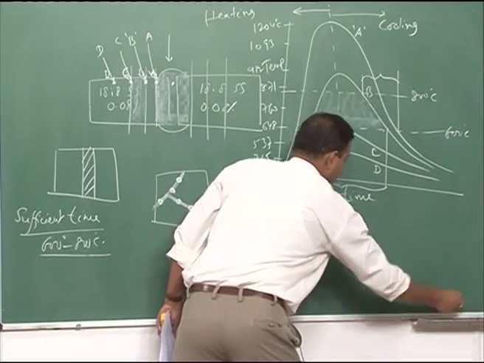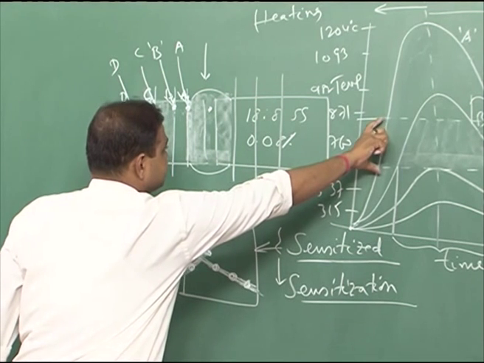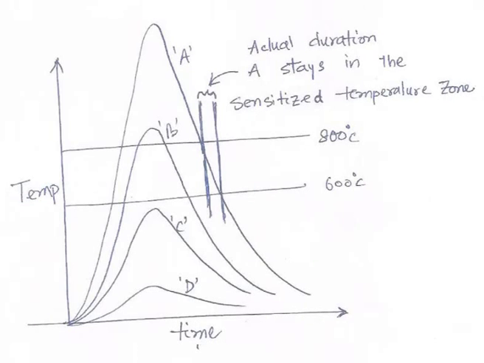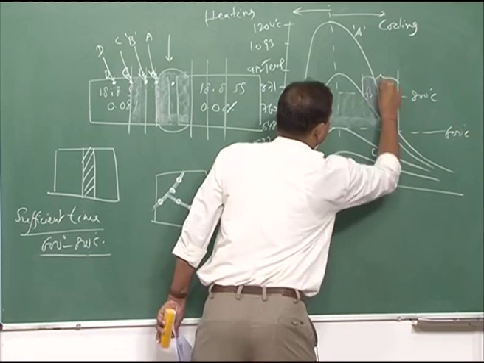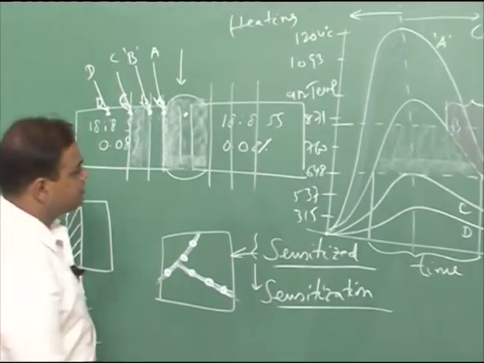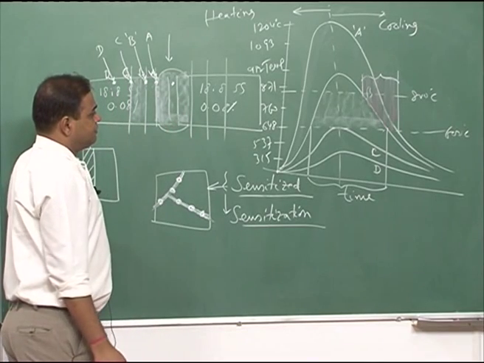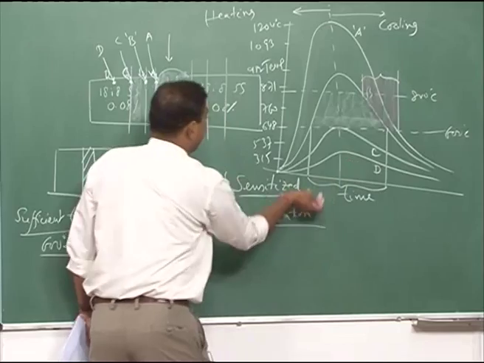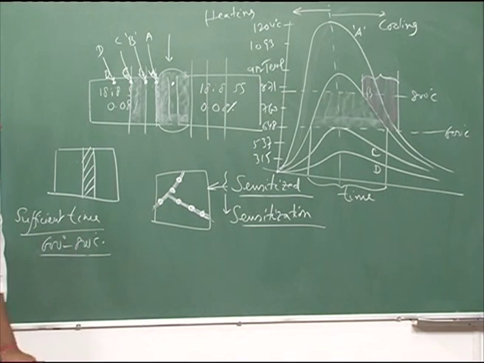So, the amount of time spent in the critical temperature zone, which is 600 to 800 degrees Celsius, when we have the thermocouple at this point, is only this much time. And if you see in case of D, that is not at all reaching the temperature zone of 600 to 800 degrees Celsius.